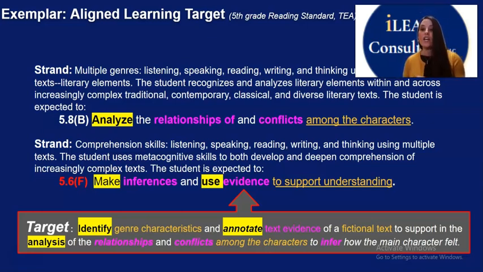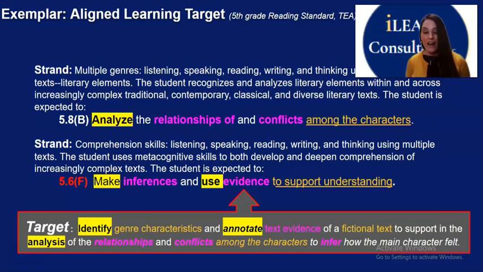To do what? To support in the analysis of the relationships and conflicts among who? Among the characters. Go back up to 5.8B. Does it say among characters? Yes, it does. Among the characters. To do what? Look at 5.6F. To infer how the main character felt.